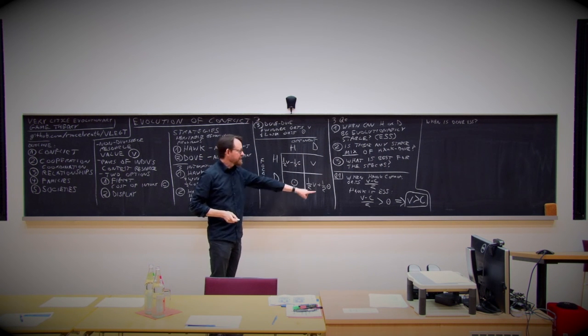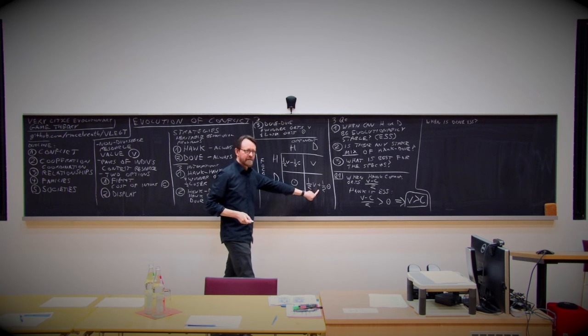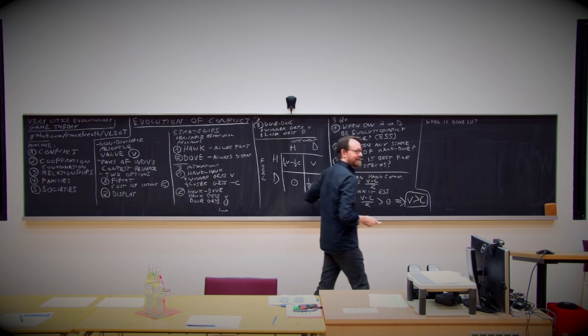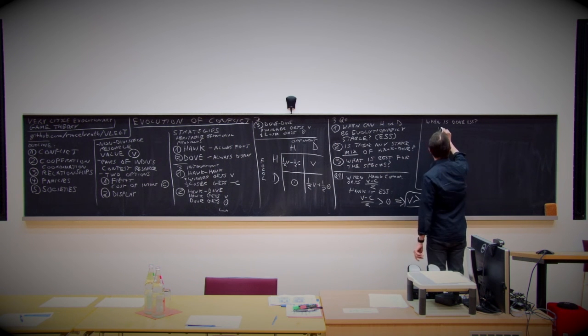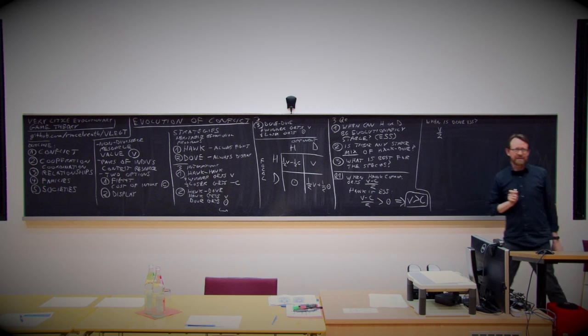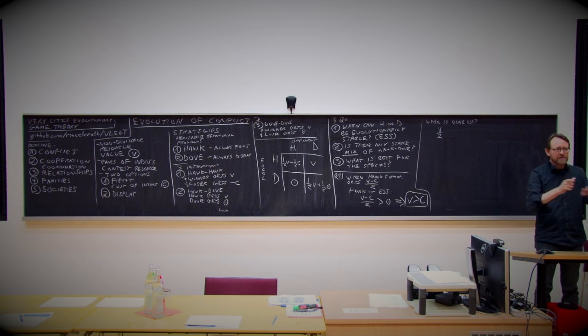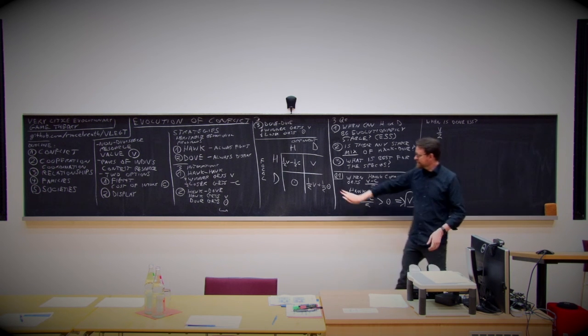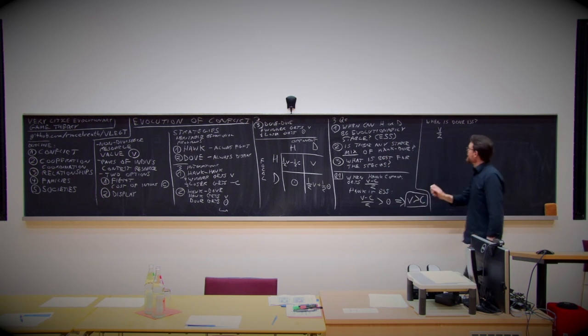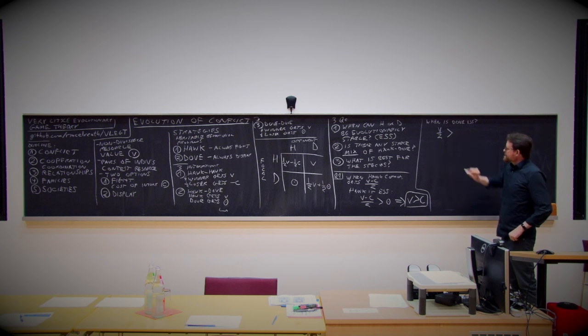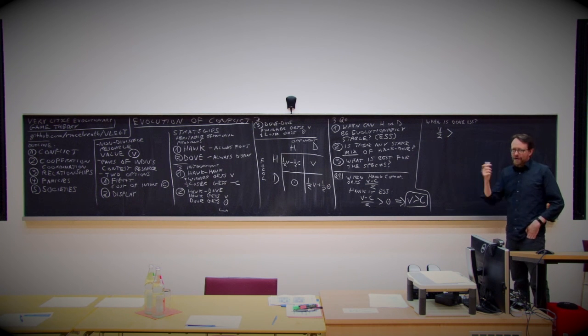When doves are common, they always face other doves, and they get V over 2, is how I'm going to write that. That's what doves get on average. That's the change in their fitness as a consequence of the contest. And this term goes away, and that's V over 2. That must be larger than what a rare hawk gets.